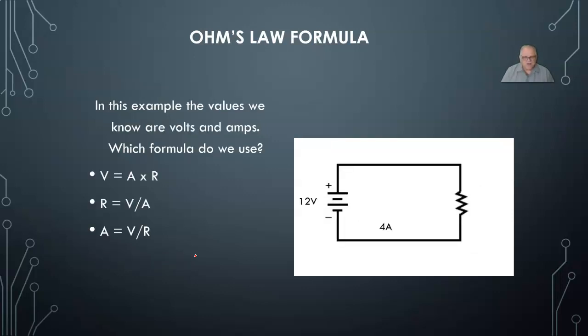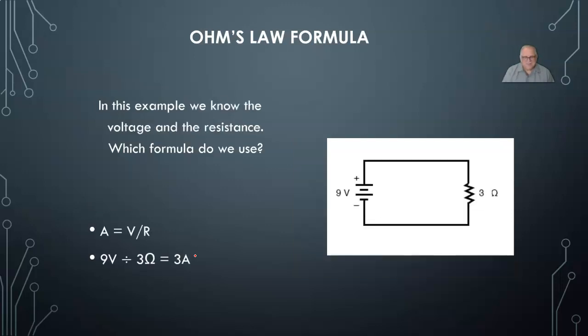On this one here, now I know my voltage, and I know my amperage. So the formula that I need to use is going to be resistance is equal to voltage divided by amperage. Now, I did this one on purpose.